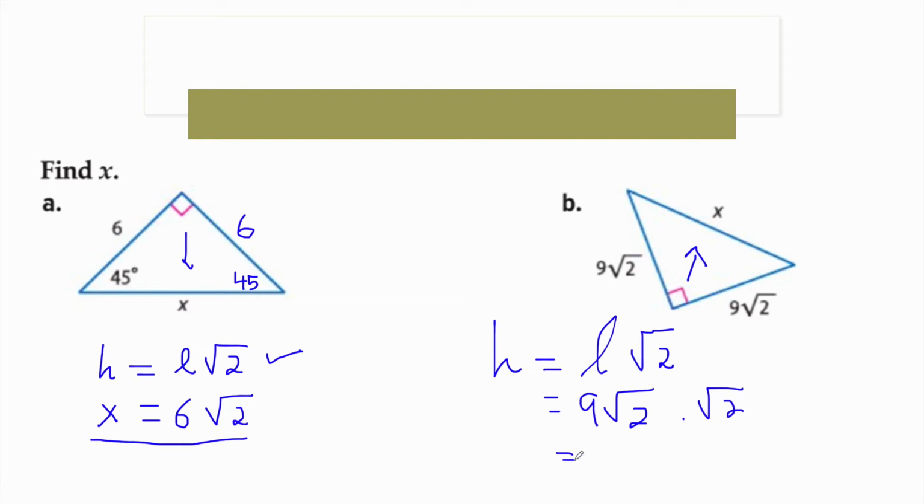So 2 times 9 will be 18. So our X is 18. If you don't know, you can simply put this in your calculator and it will give you 18. So your X is 18.